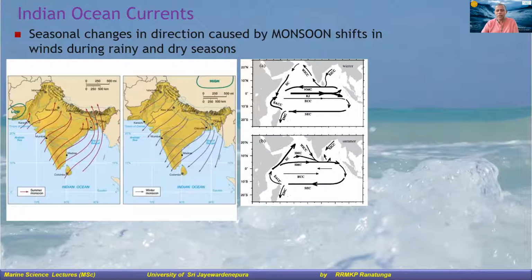Even tourists arriving in the country have to go to either the southern or western coast during the winter, and during the summer they have to go to the other side because it's calmer there, right? So with this reversal, the whole climate, the rain, the wind pattern, everything changes.